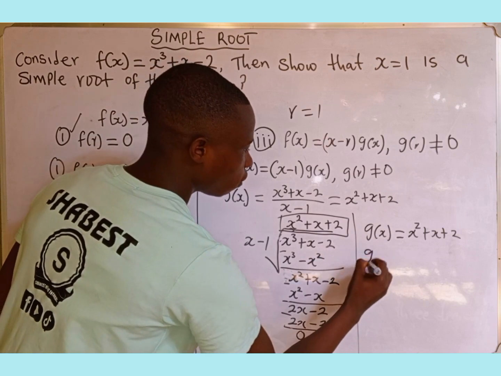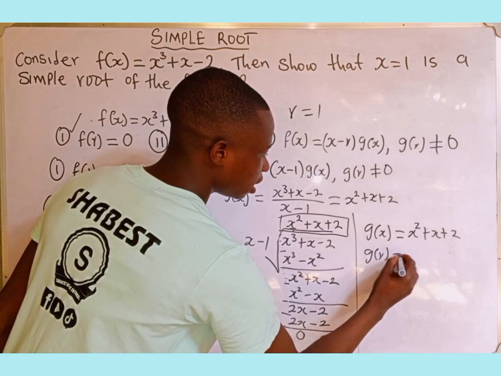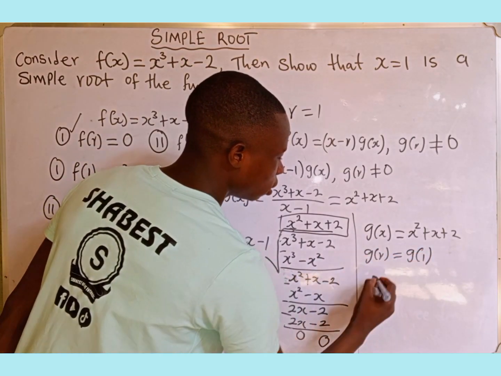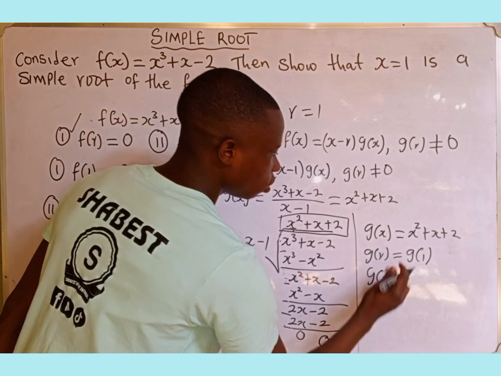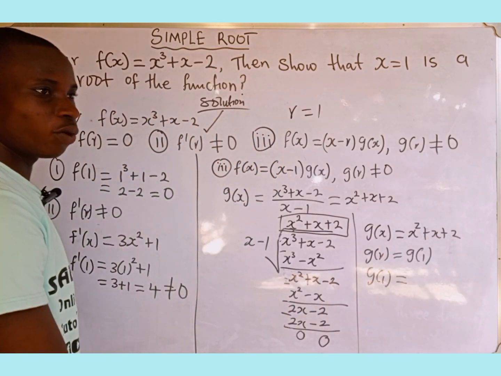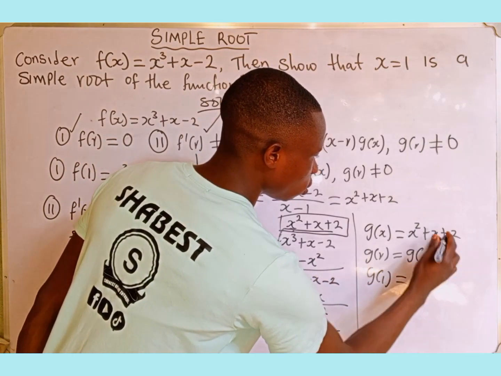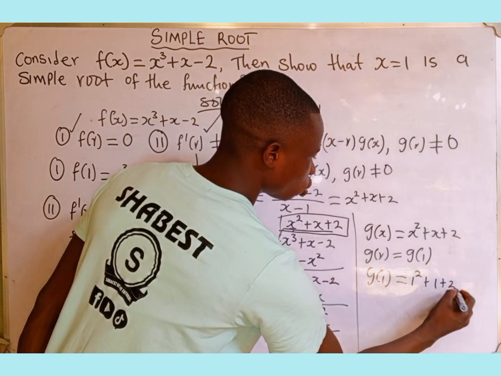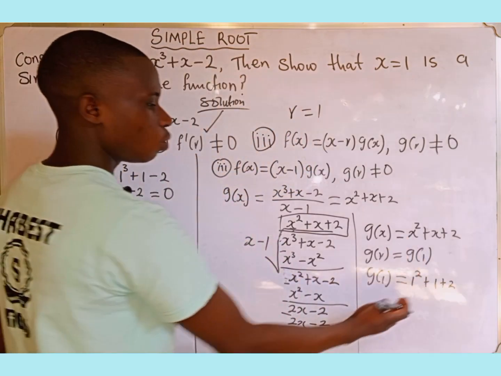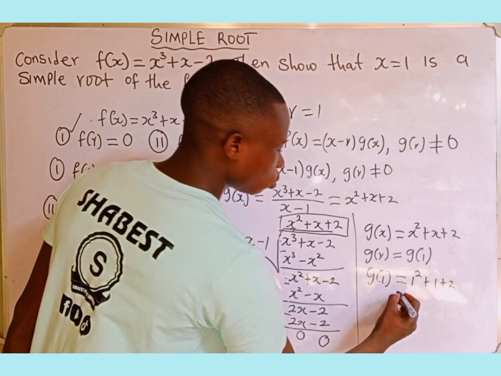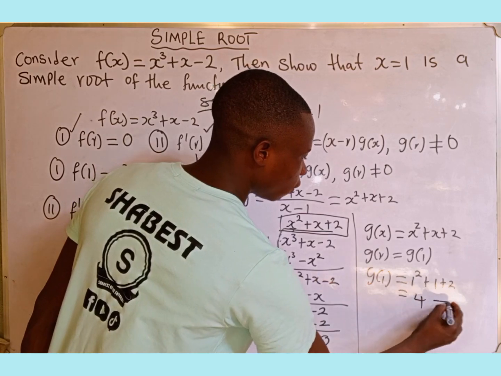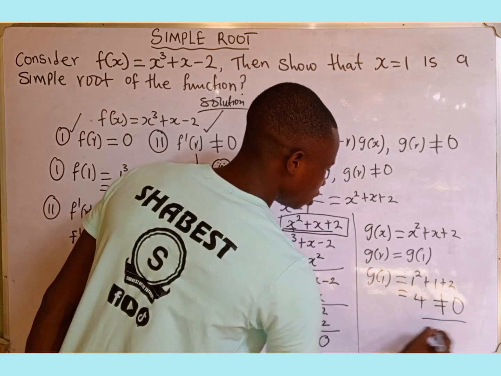Then g of r, which is the same as g of 1, will be equal to 1 squared plus 1 plus 2. So 1 squared is 1, 1 plus 1 is 2, then 2 plus 2 gives us 4. And 4 is not equal to 0.